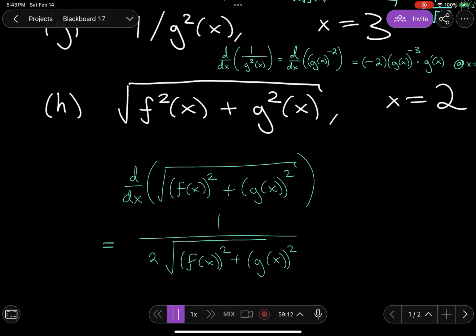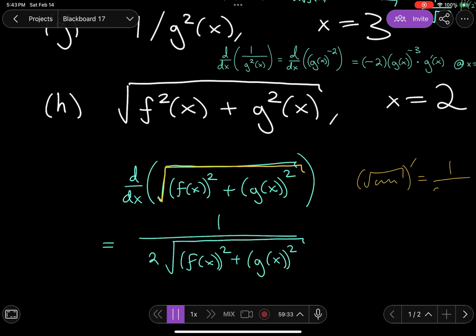And the reason that's my first step is because the outside function is actually going to be the square root here. So what I know is the derivative of the square root of something is equal to 1 over 2 times the square root of that something.